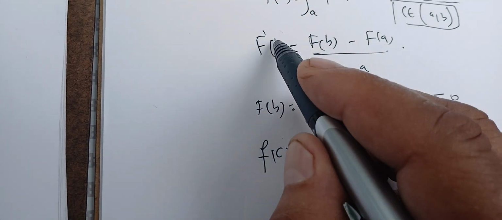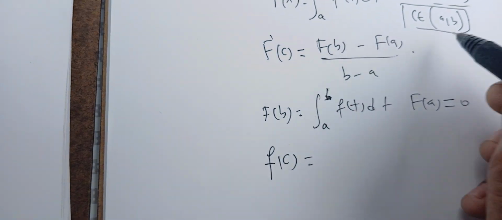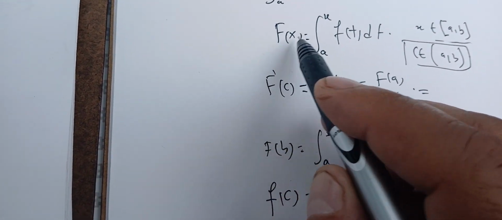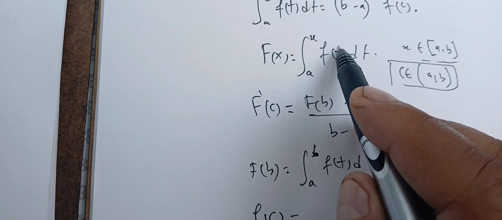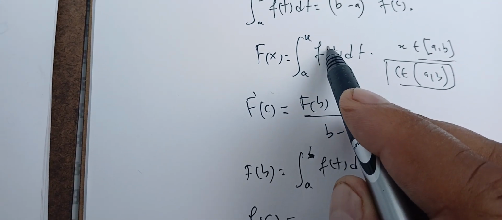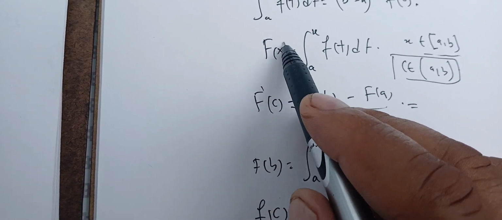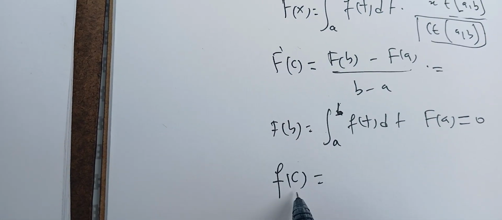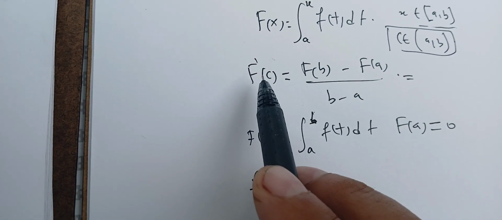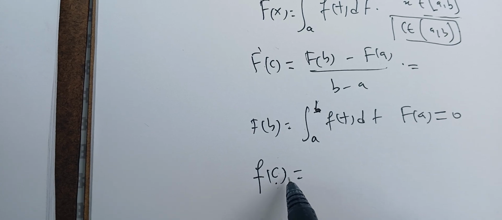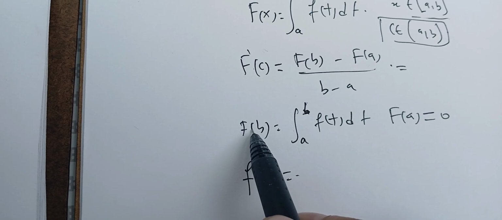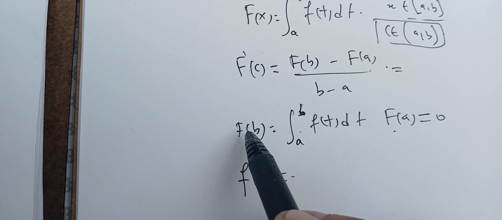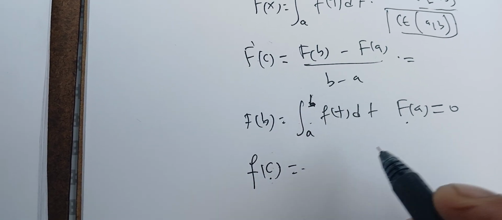Because you remember, F prime of x is just f of x, the small f of x. So the derivative of the big F is the small f, and using that here, we see that F prime of c is just f of c. Using these values, F of b minus F of a, which is 0, we get F of b over b minus a.